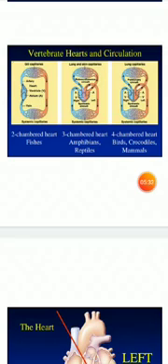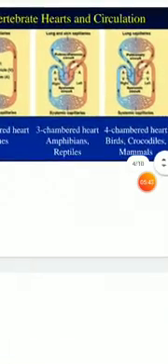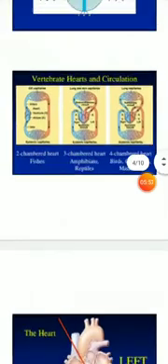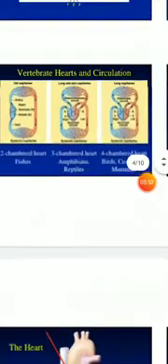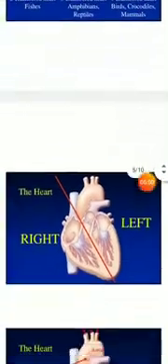But mammals, birds, crocodiles and human beings have 4 chambers. So we can differentiate oxygenated and deoxygenated blood by this. The blue colored part you can see is always deoxygenated blood, and the red part is always oxygenated blood.